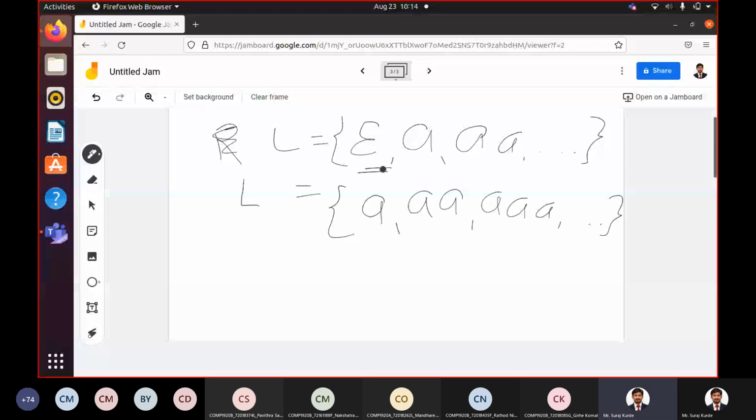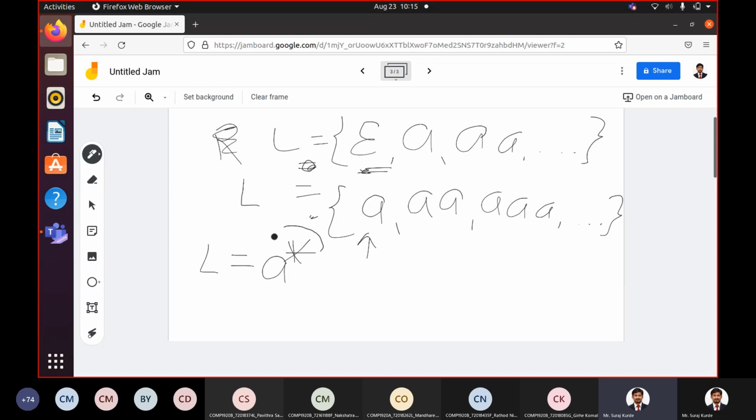How to represent these languages? We cannot write this language out. If I try to write the strings, they will be of infinite length. But we can represent this language in the form of an expression, and that expression can be a repeated 0 or more times.